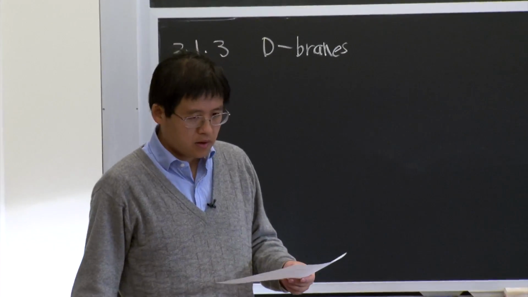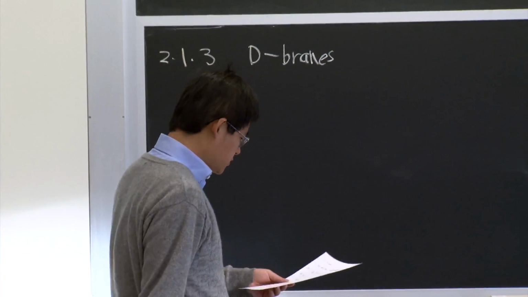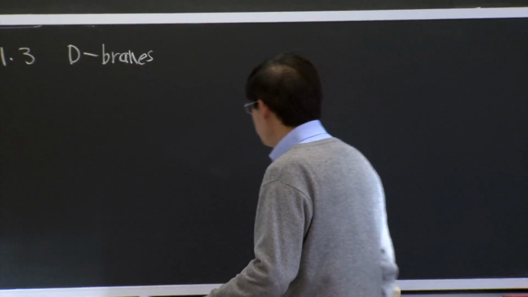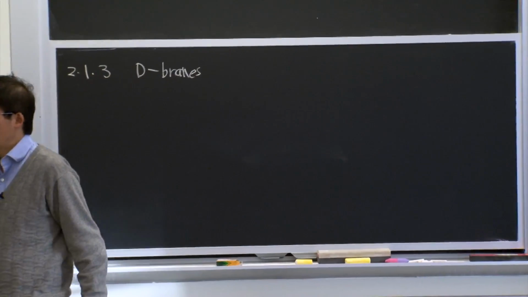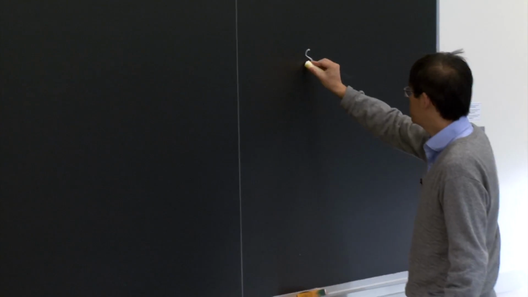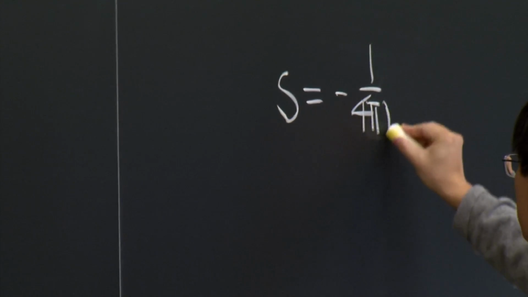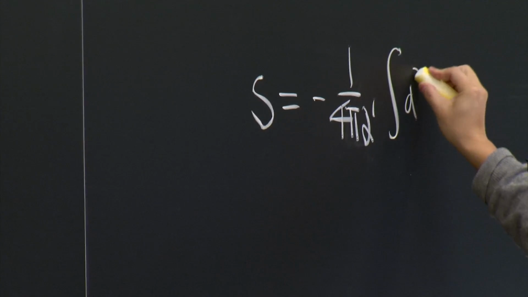Okay, so we discussed open strings. So let's go back to the open string. For the open string, after we fix the worldsheet to be flat, the worldsheet action can be written as the following.